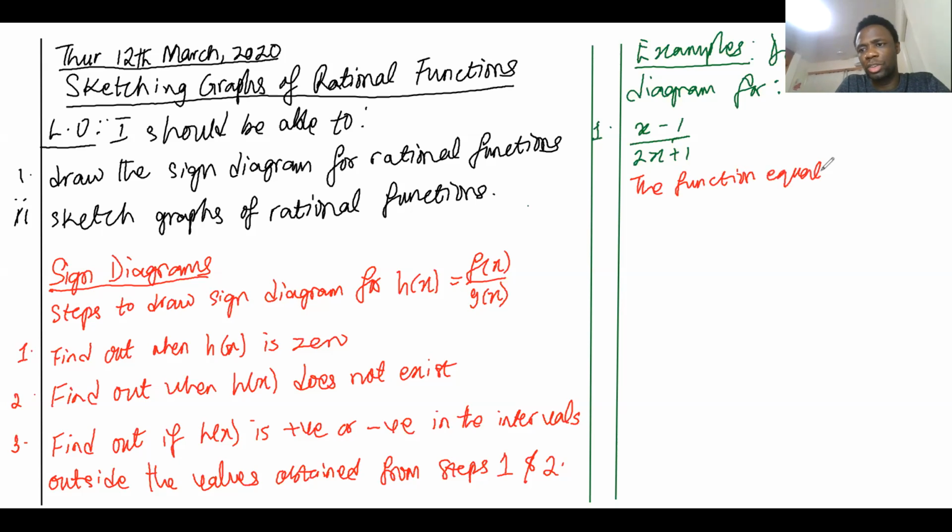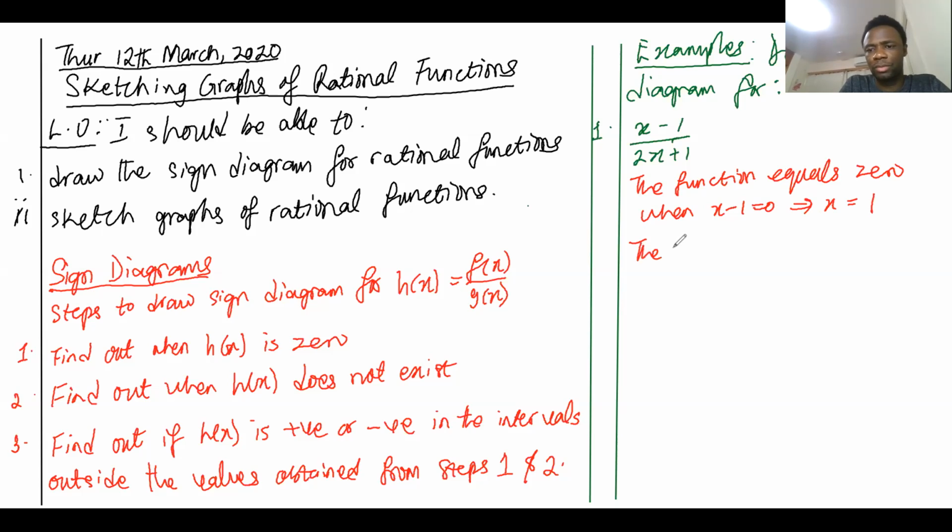If I had called the function f, I'd just say f equals 0 when, but because I didn't call it f or g, I'm writing the function. This function equals 0 when x minus 1 equals 0, which means when x is equal to 1.